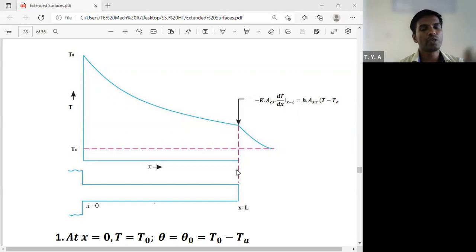So Q conduction is equal to Q convection. The Q conduction is K into A into dT by dx at x is equal to L, because this location is x is equal to L. Similarly the convection heat transfer is h A delta T, where T is the temperature at any point and T infinity is the temperature of the surrounding.